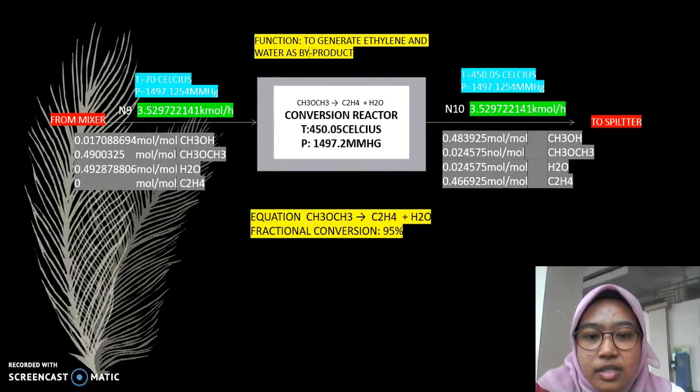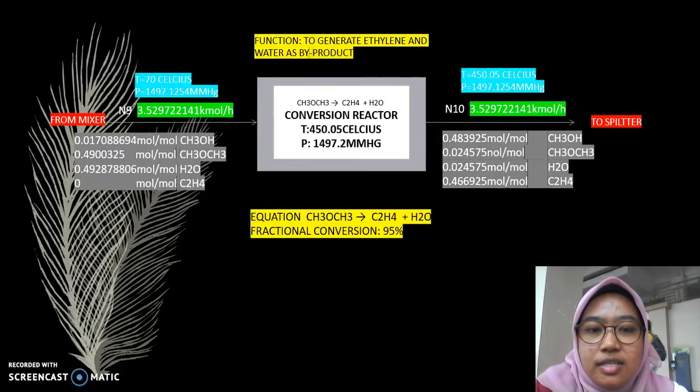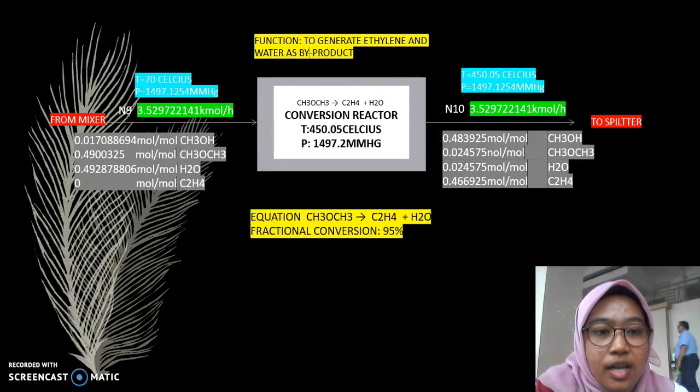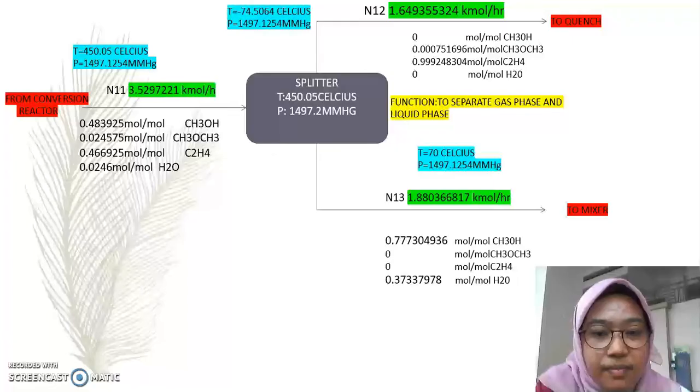The equation for the reaction is CH3OCH3 to C2H4 plus H2O. The fractional conversion of the DME is 95%. So the outlet molar flow rate is 3.529 kmol per hour, and the temperature is 450.05 degrees Celsius, and the pressure is 1497.125 mmHg.